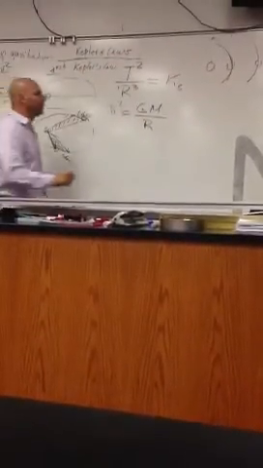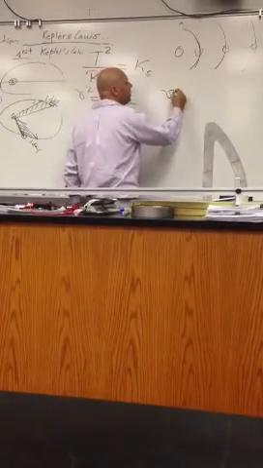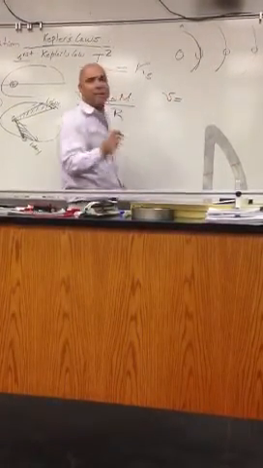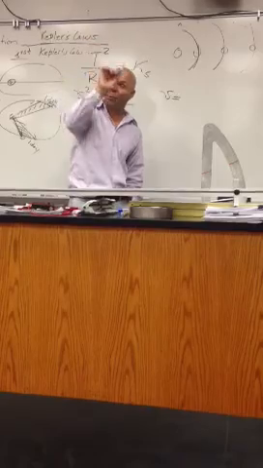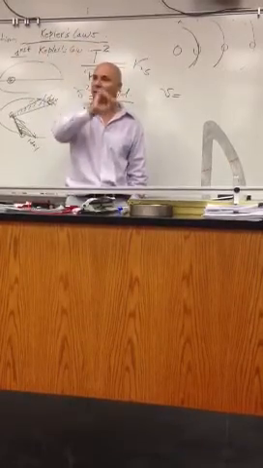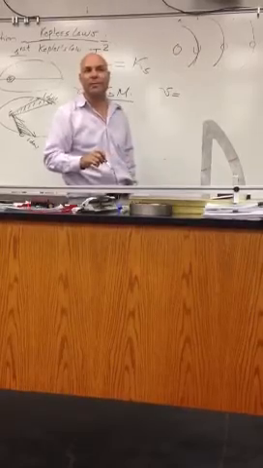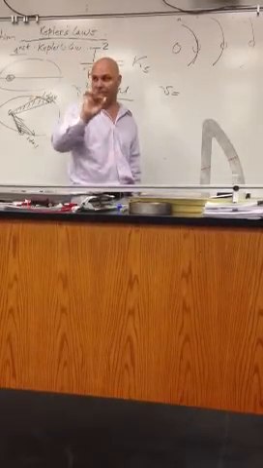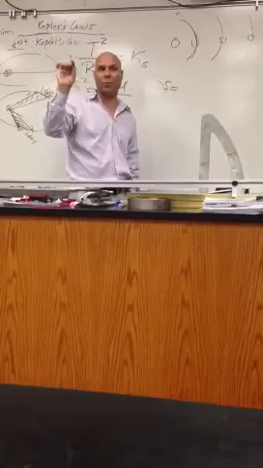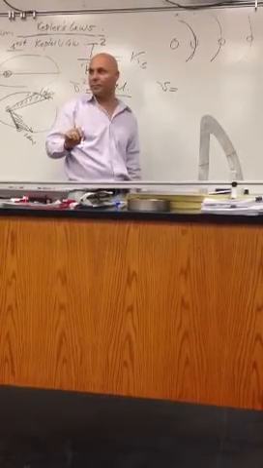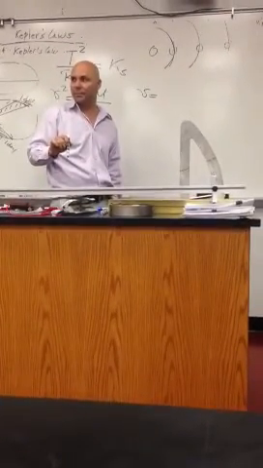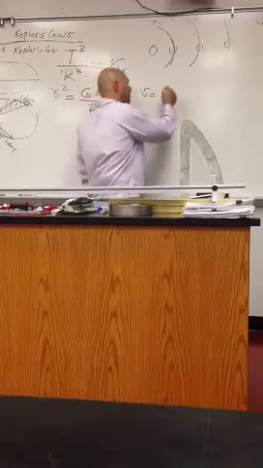On the other side, we know that v is the distance over time. If the Earth is moving in a full circular path, what will be the distance covered by the Earth in 1 year? It's a circle: 2 pi r.